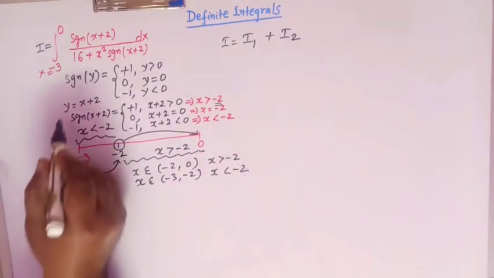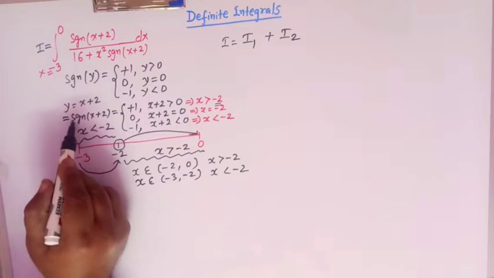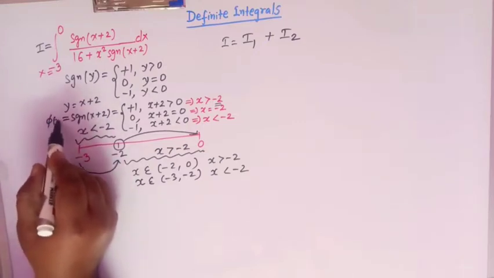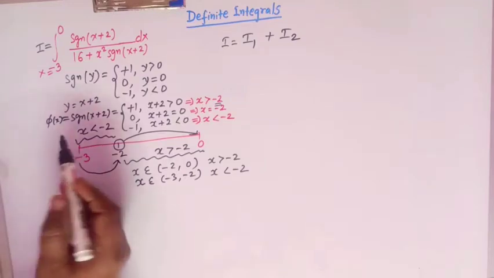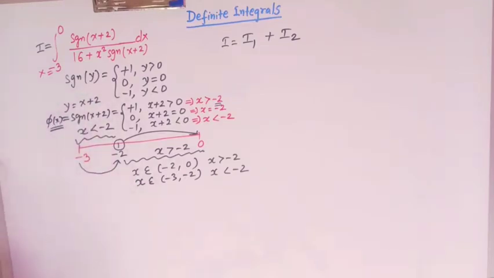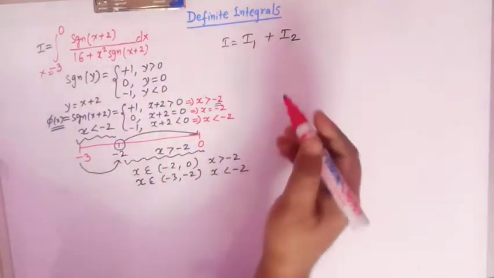Now let us take signum of (x+2) as phi of x. We are just denoting this function by phi of x for the sake of writing.